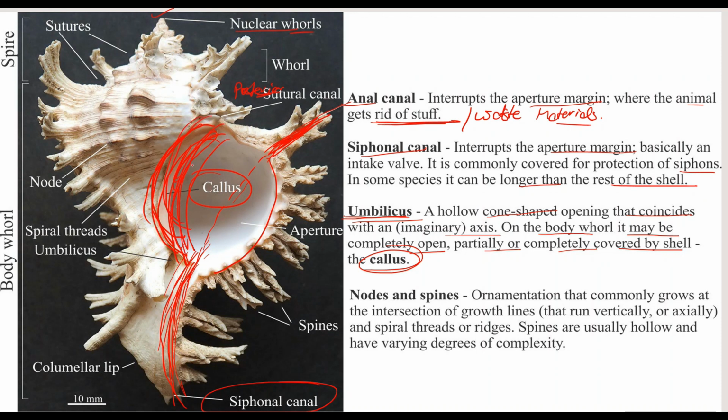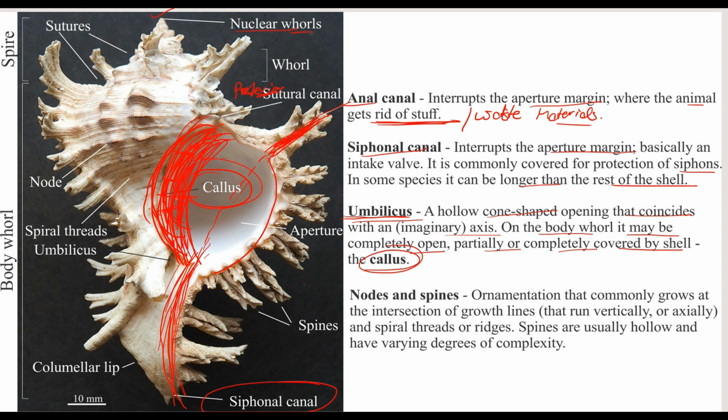Sometimes this thickness keeps increasing, because of which the aperture is slightly or partially closed. So in different gastropods you will see different calluses. This is not always the same case, that the callus should be thin. It is sometimes very thick, and sometimes there is very little thickness.